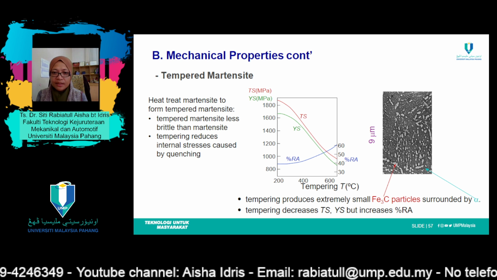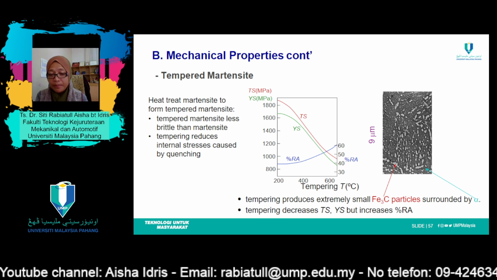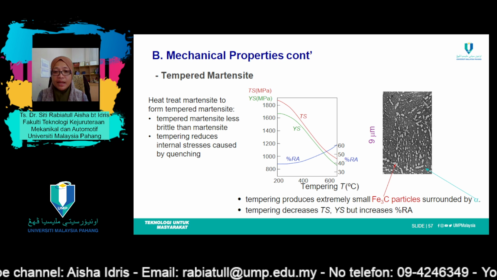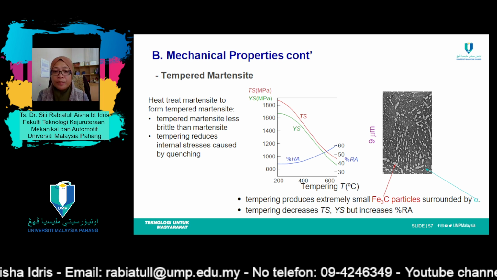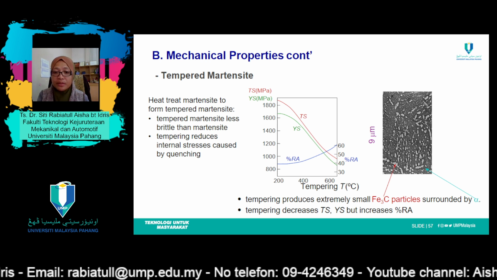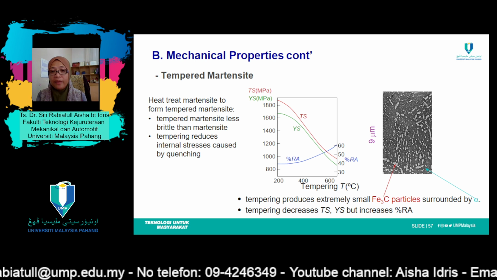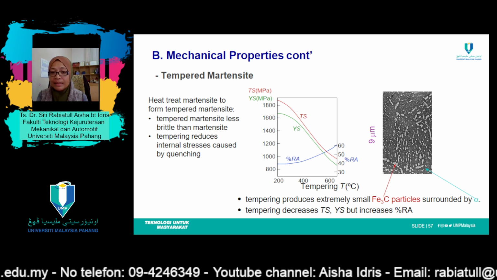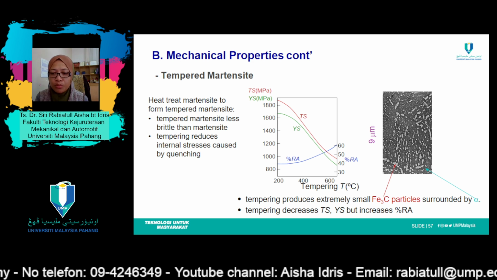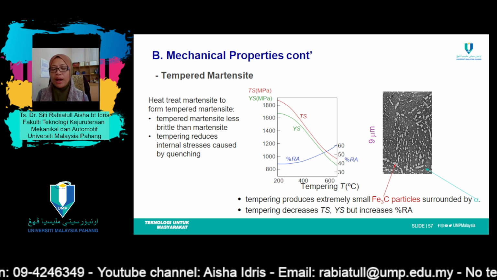Tempered martensite: heat treat martensite to form tempered martensite. Tempered martensite is less brittle than martensite. The tempering process reduces internal stresses caused by quenching. So that's why tempered martensite has higher ductility and lower hardness.